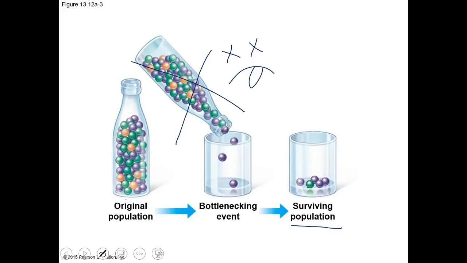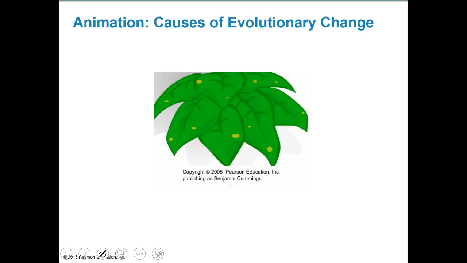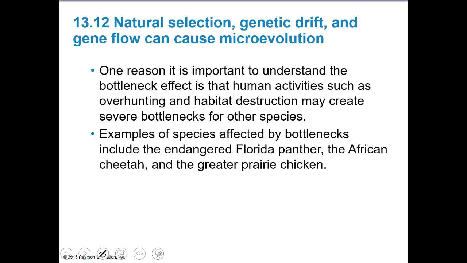We have one green represented, so it's not the same representation that we had before. Our little yellow dudes aren't even represented there at all. So that's changed the population randomly due to just that event. Okay, we'll come back to that later.